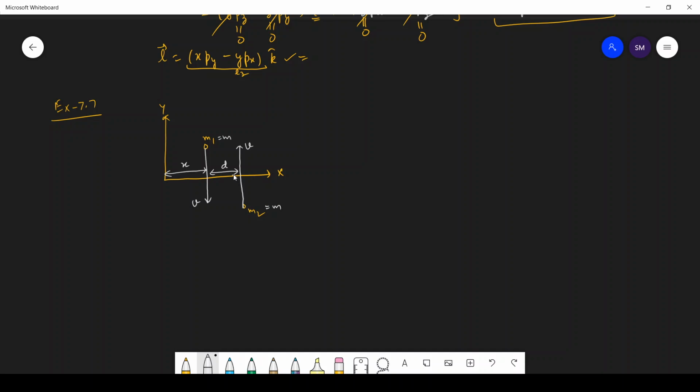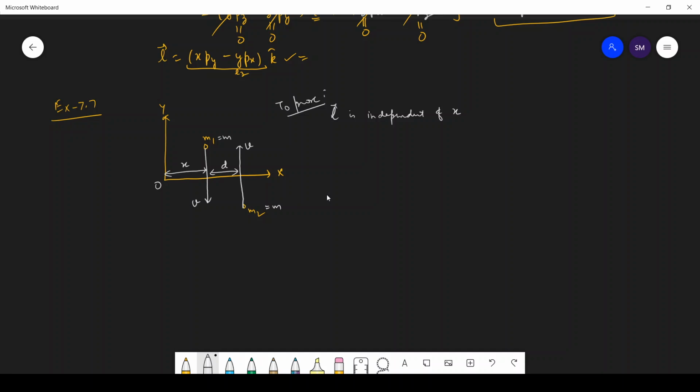So the angular momentum is independent of x. This is what we need to show. We can take the origin anywhere and we'll get the same answer. So this is what we need to prove. Both the particles are moving parallel to the y-axis here.